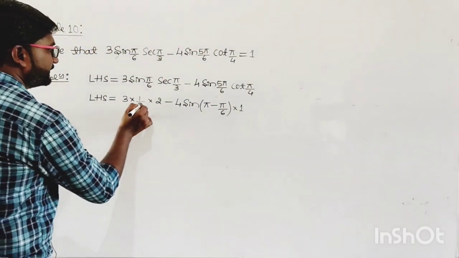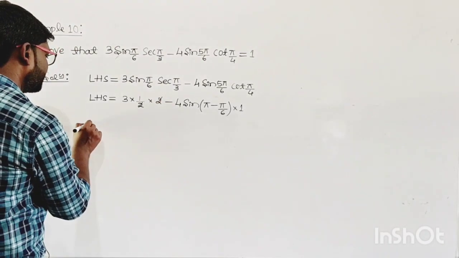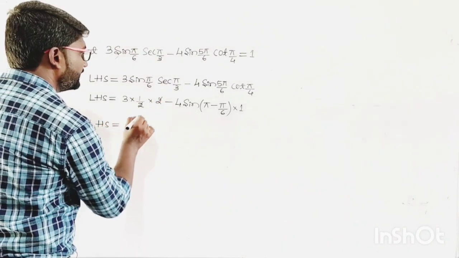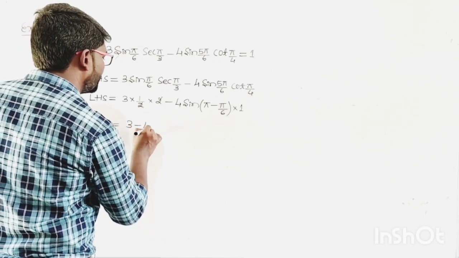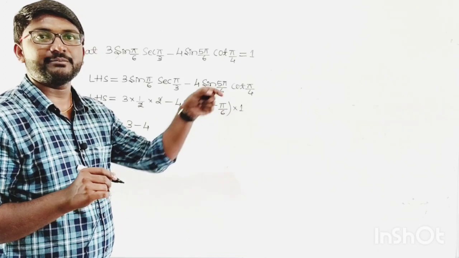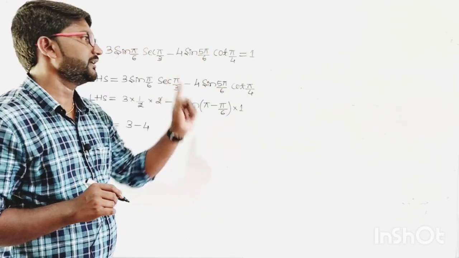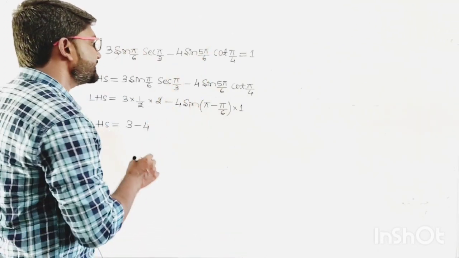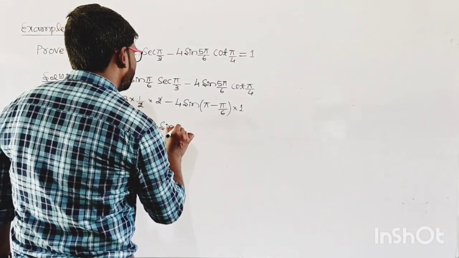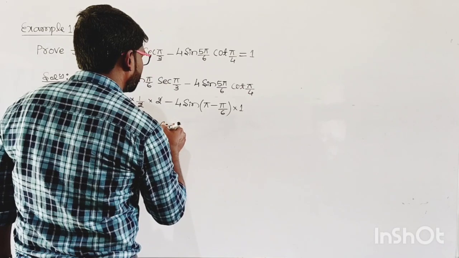Let us simplify this. Here 2 and 2 get cancelled. Left hand side is equal to 3 minus 4 sin of 180 minus theta. 180 minus means it is the second quadrant. Sin of 180 minus theta is sin theta, sin pi by 6. This is the allied angle concept.